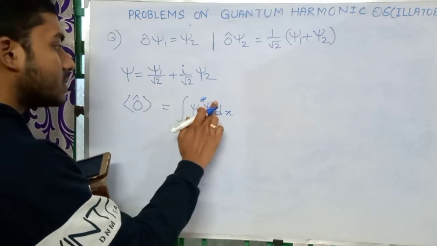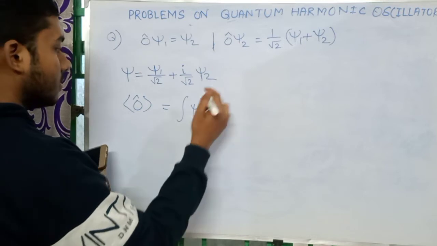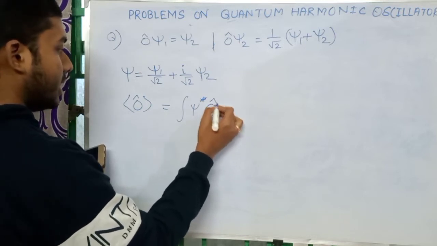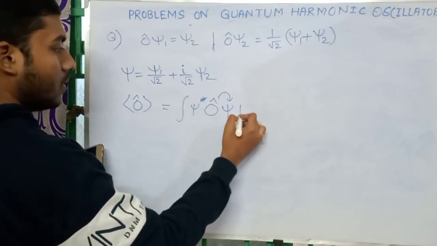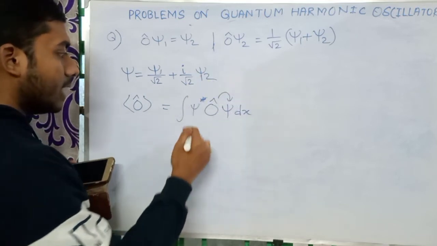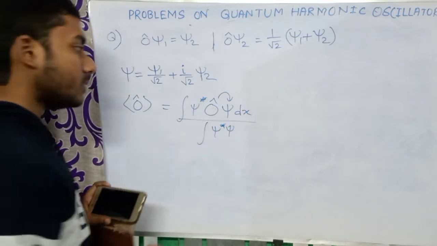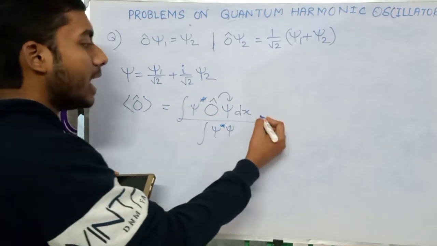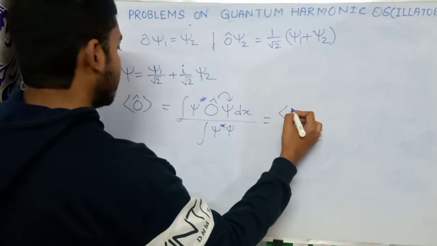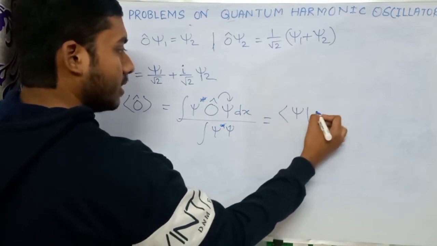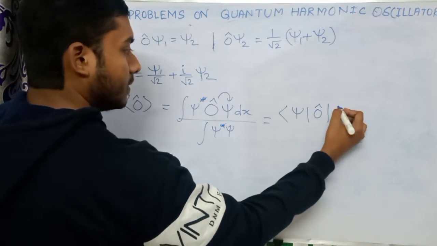And to find the expectation value, we just put the operator here, so it will operate on psi, and then we just integrate, and divide by the integral of psi star psi to normalize, if it is not normalized. Now, in operator formalism, I can write this like this: psi sandwiched with O and psi.